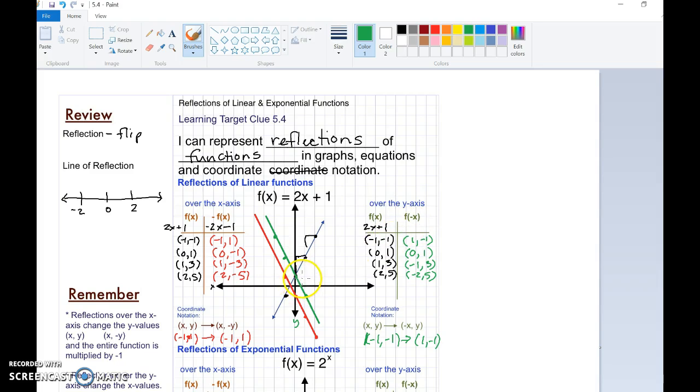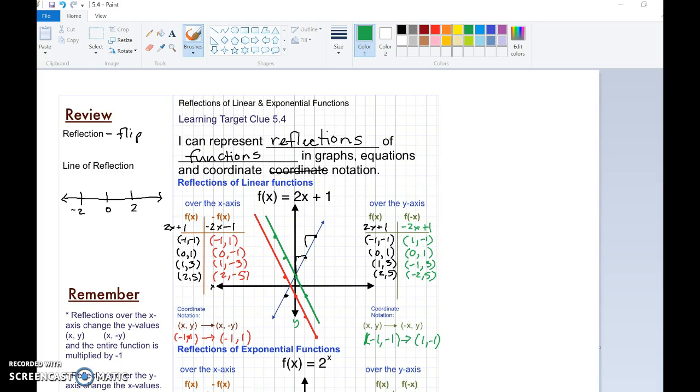So our y-intercept is at 1, and our slope is down 2 over 1. Down 2 over 1, so negative 2x plus 1. What do you notice about the slope of this line compared to the slope of the other? Well, it's the opposite, isn't it? The first slope was 2 and the second one was negative 2.